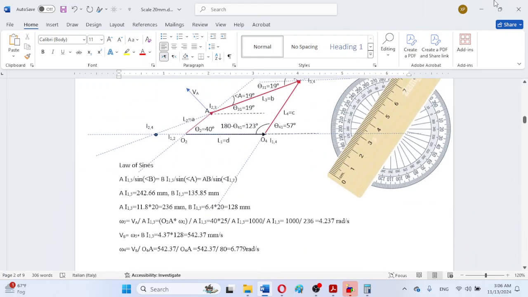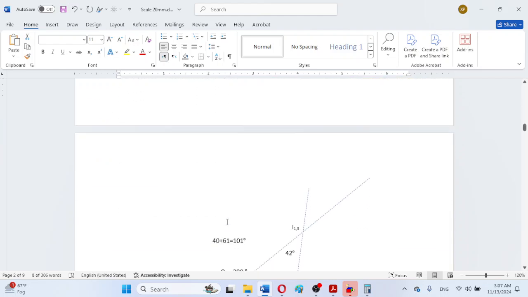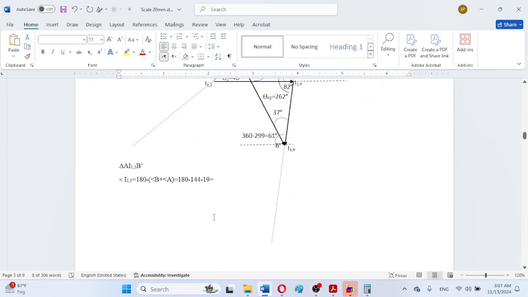So in a similar manner, use the law of sines. Just copy it from here and paste it here.